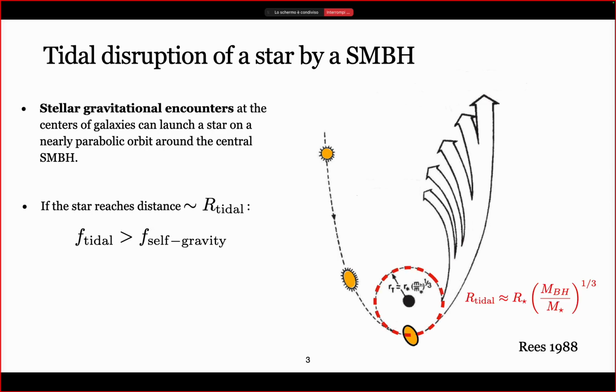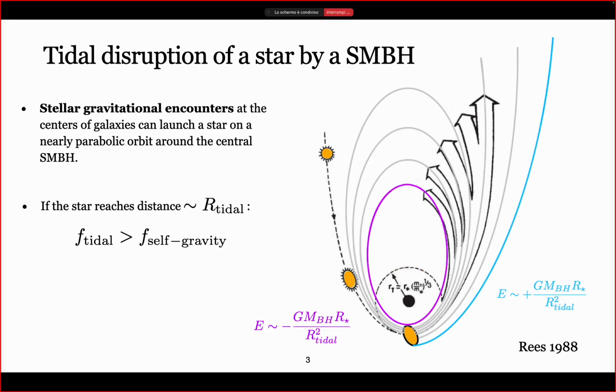And when this happens, the star can fall below a critical distance that is called the tidal radius, where the self-gravity of the star, which was keeping the star in hydrostatic equilibrium until then, becomes weaker than the tidal force exerted by the black hole.